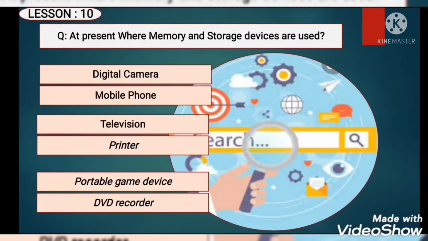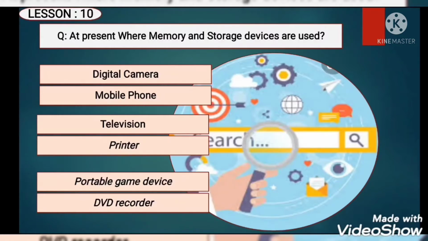In lesson 10, there is a very common question: at present, where are memory and storage devices used? You know, my dear students, nowadays the use of memory cards is very important. In all types of intelligent devices, including mobile phones, we are using memory devices. It helps us to store different kinds of data. One more time you can check the devices we are using memory and storage devices in.